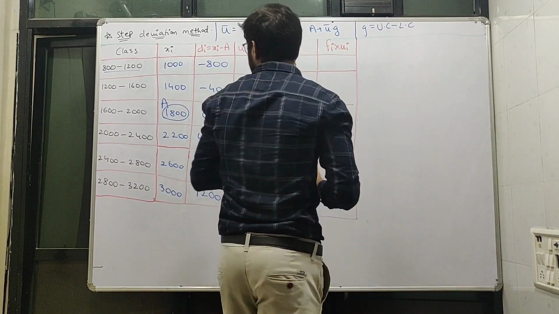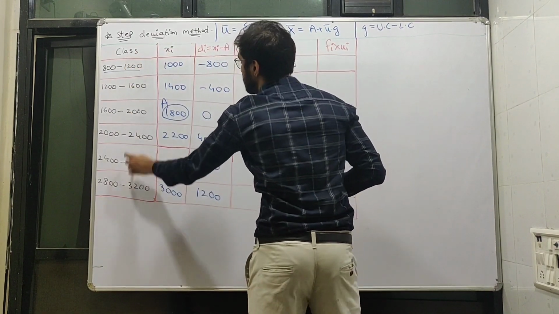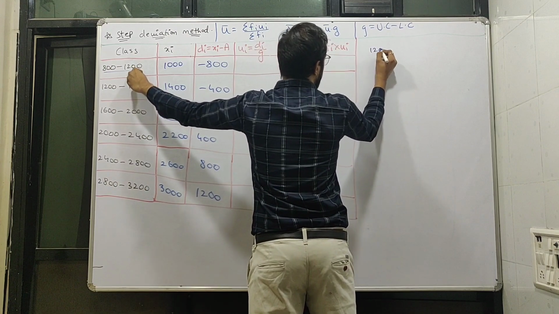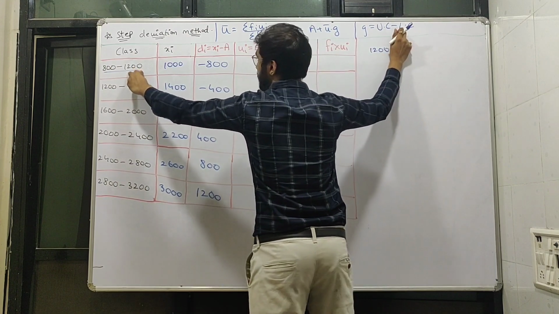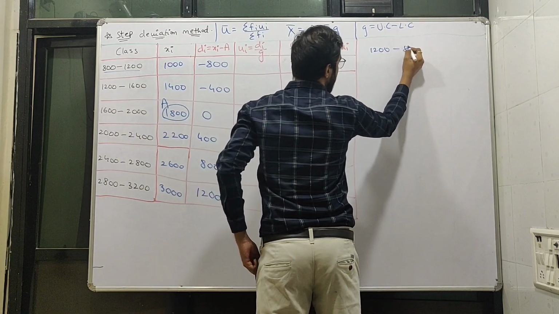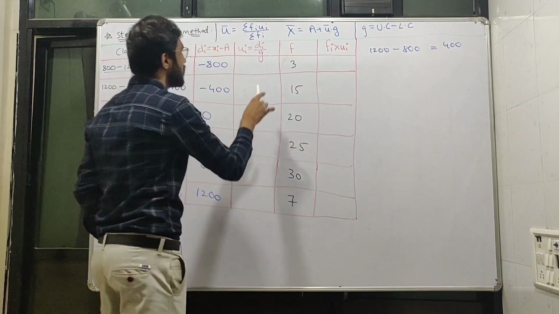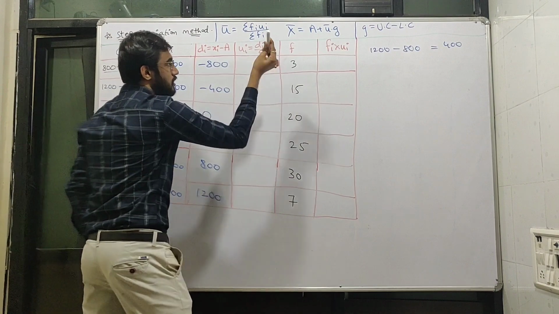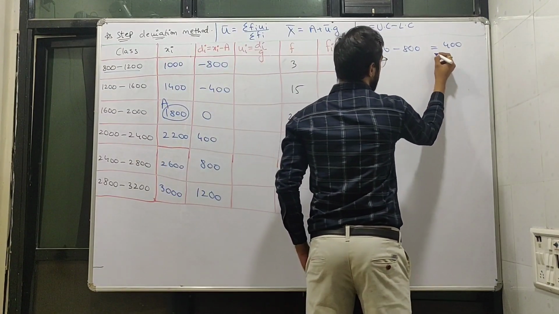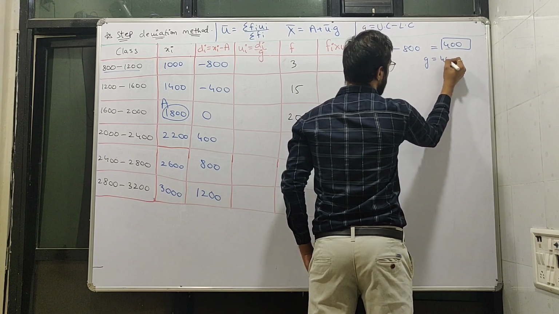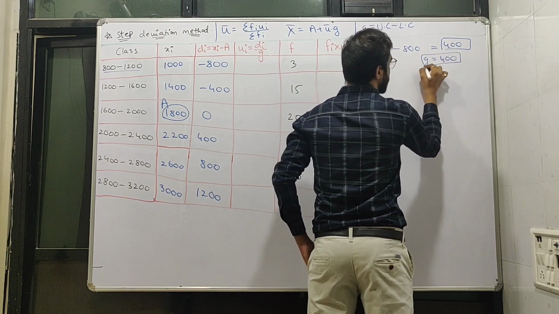So upper class here for any of the tables, for example the first one, is 1200 minus lower class. Lower class is 800. So answer is 400. So our value for g in this numerical is 400. So I can write down here g is equal to 400 for further references.